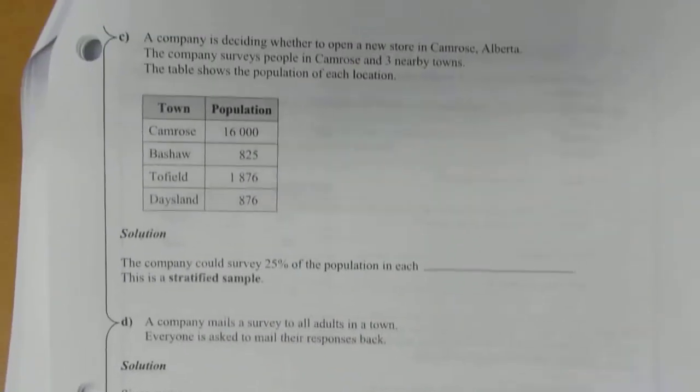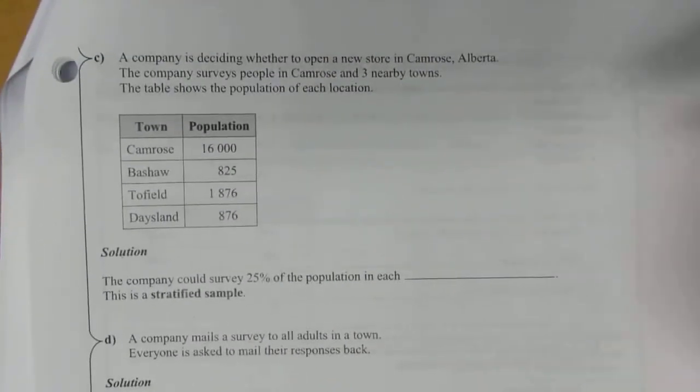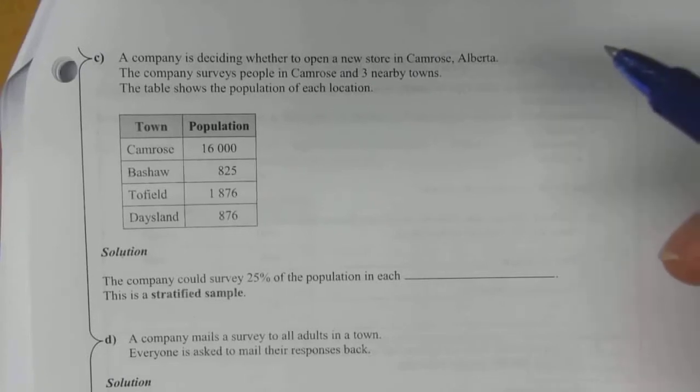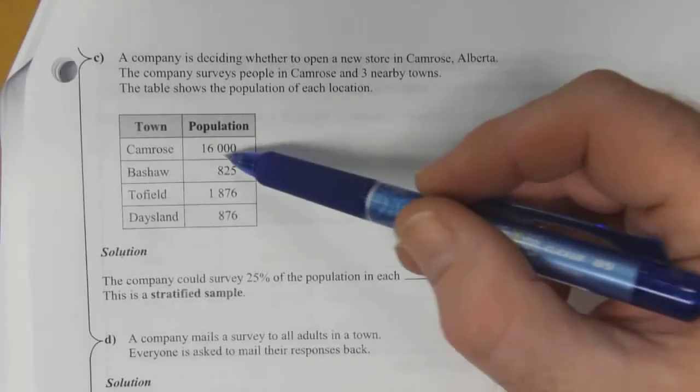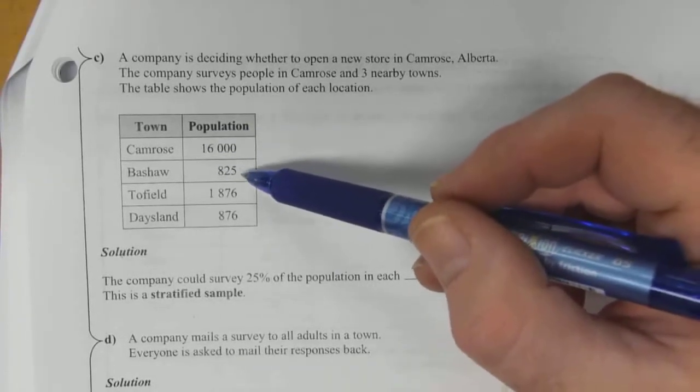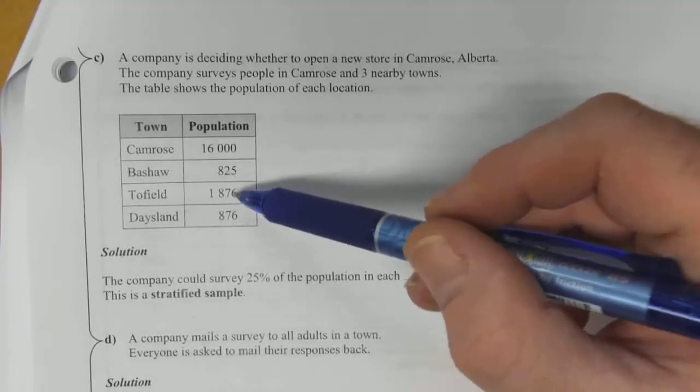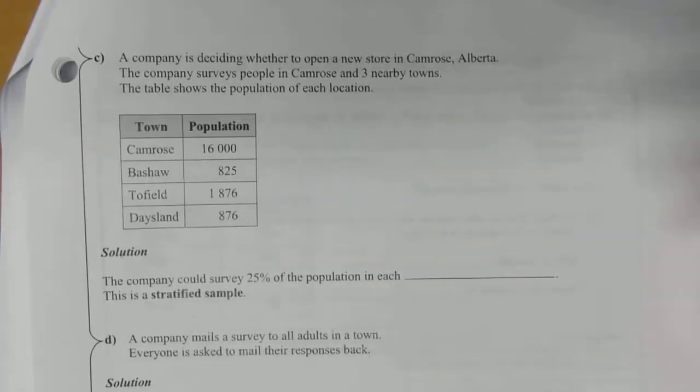C. A company is deciding whether to open a new store in Camrose, Alberta. The company surveys people in Camrose and 3 nearby towns. The table shows the population of each location: Camrose, 16,000; Bashaw, 825; Tofield, 1,876; and Daysland, 876.